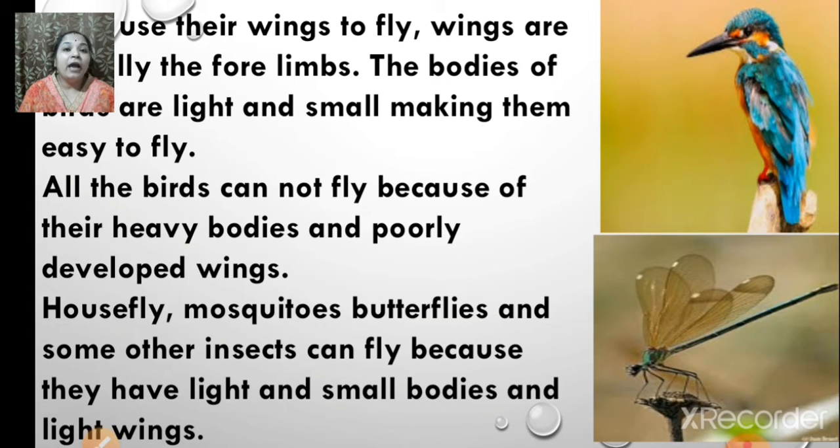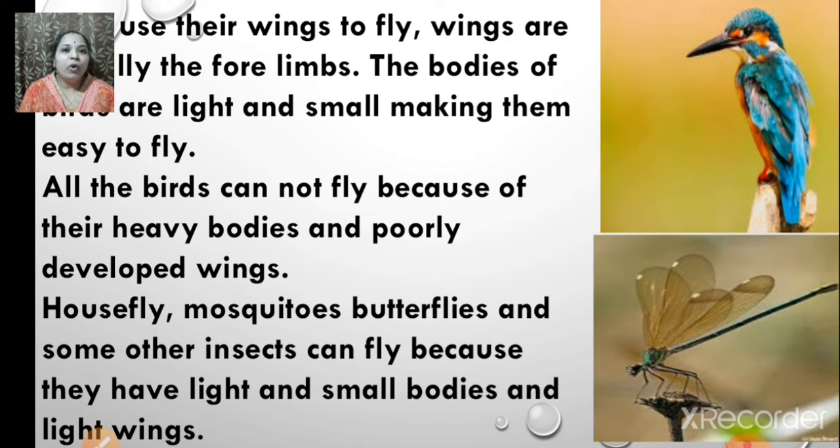Now there are animals who fly. They are called birds. You know that the birds fly in the air. Can you tell me, how can a bird fly? Can we fly in the air if we attach wings to our body? No. Can you tell me why?